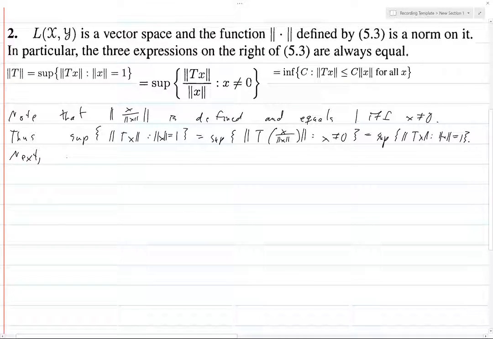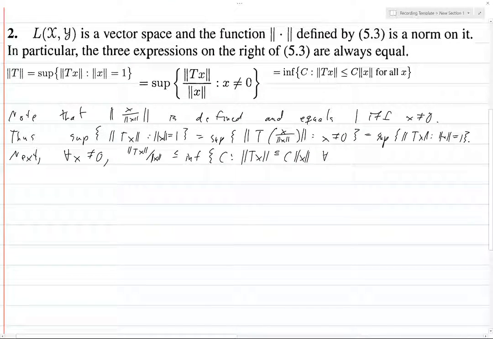Next, for all x not equal to 0, norm tx divided by norm x is certainly going to be less than or equal to the infimum over all c such that norm tx is less than or equal to c times norm x for all x.